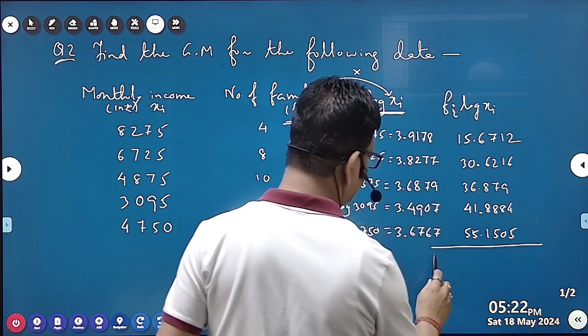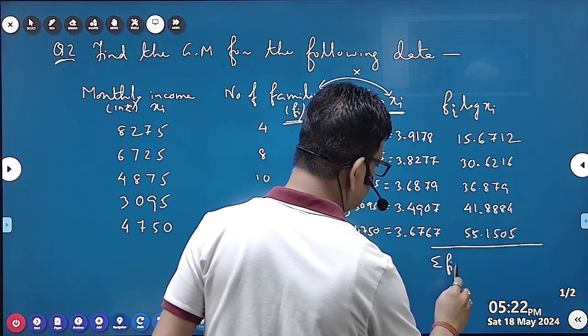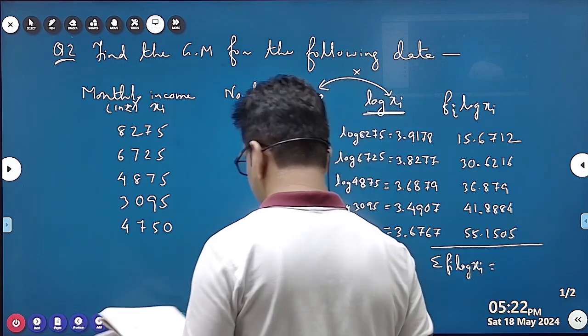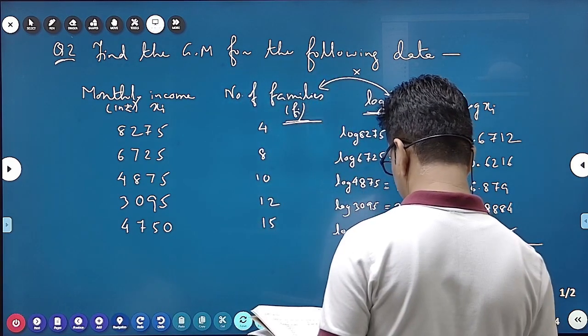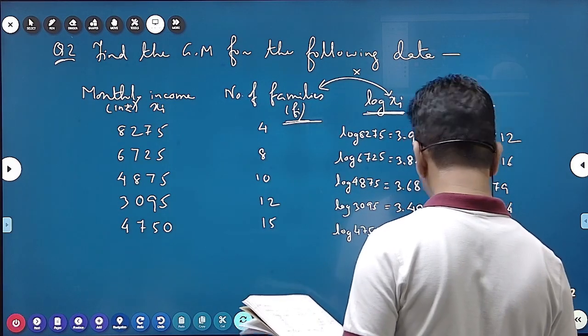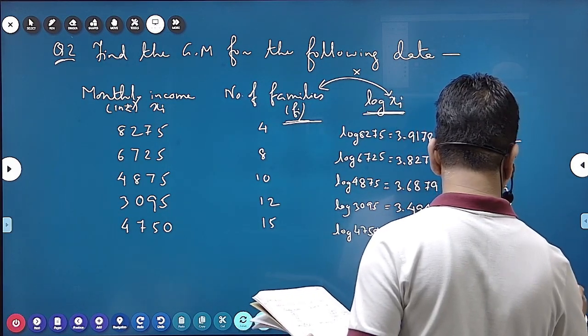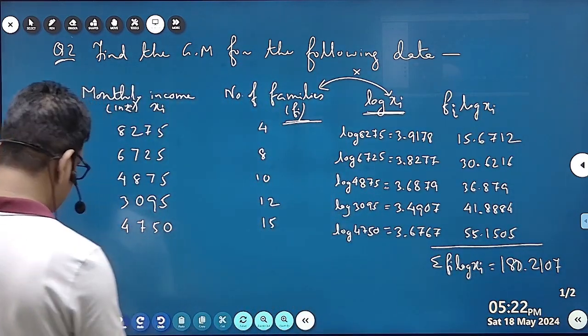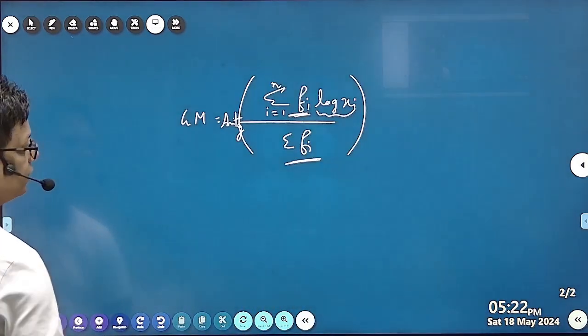You all know by the formula we need to add up this column, which is 180.2107. Done now? Now, as I told you, the formula is everything in statistics.